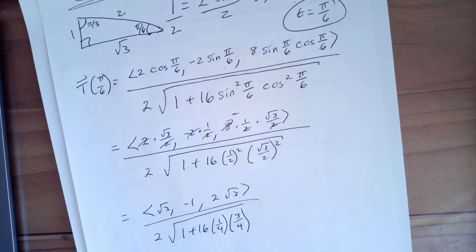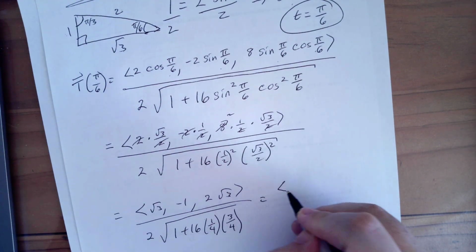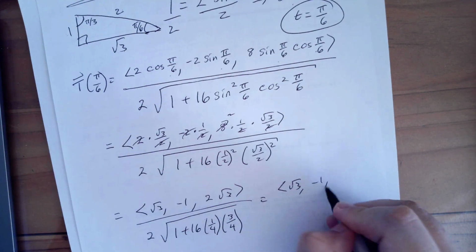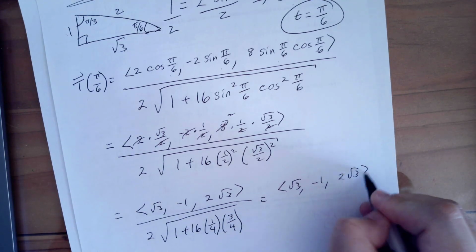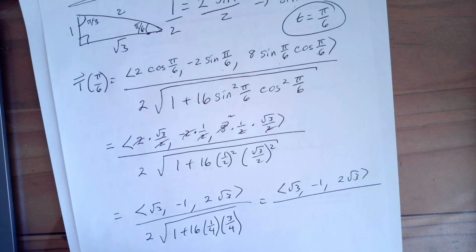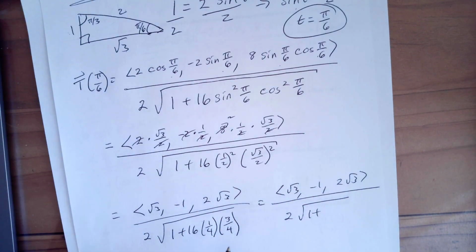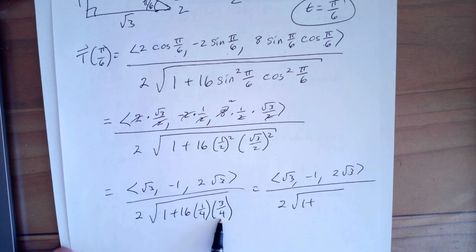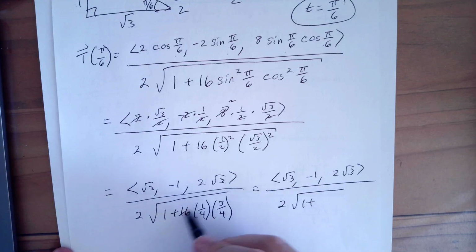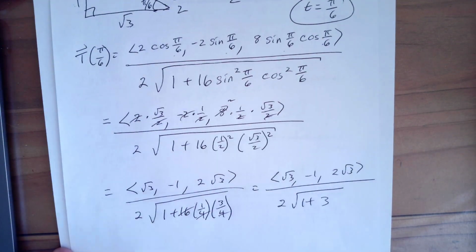Okay. Let's see. This will be square root of 3, negative 1, 2 square root of 3, divided by 2 square root 1 plus, let's see, 16 divided by these two 4's here. It's going to cancel everything out except the 3.